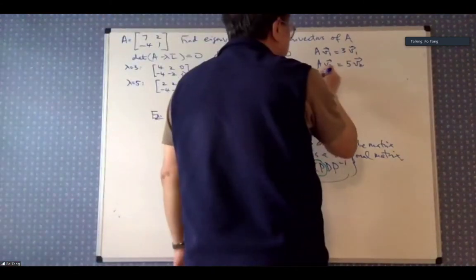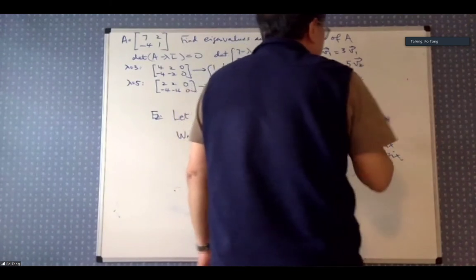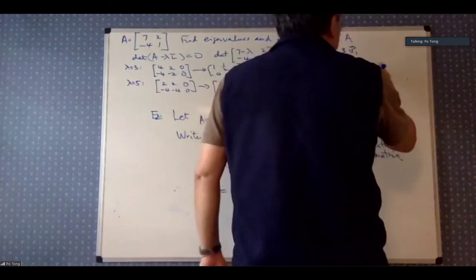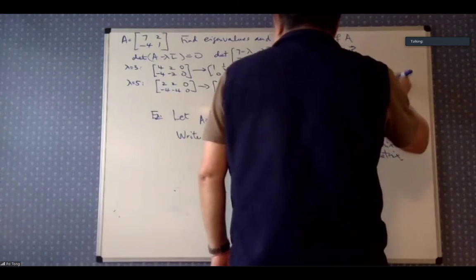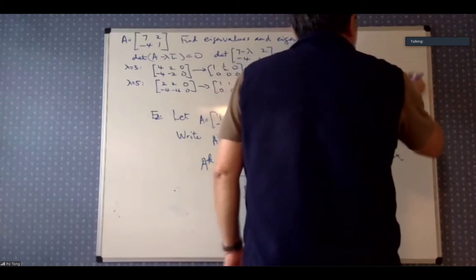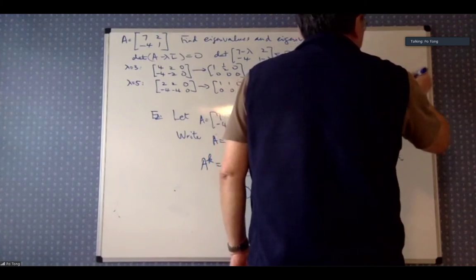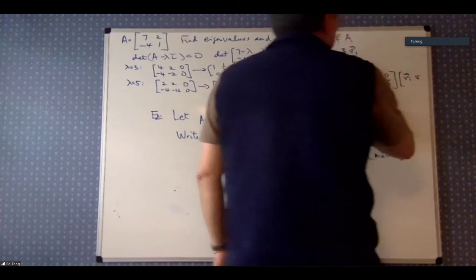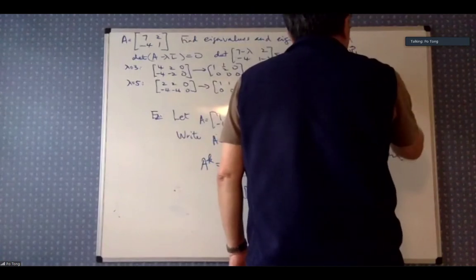So A times V1, V2 is going to be equal to, I'm going to write this in this form, 3, 0, 0, 5, V1. Okay, sorry, it's the other way. Sorry, I have to erase it.